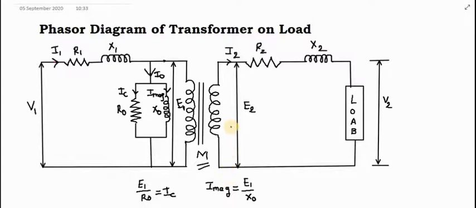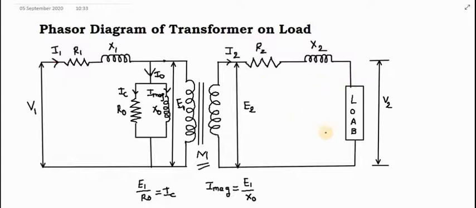So what are IC and I magnetizing? These are the two quadrature components, namely the core loss component IC and the magnetizing component IM of the no load current I0 of the actual transformer. The circuit so developed has electrical characteristics similar to those of the actual transformer, hence it is called the equivalent circuit.